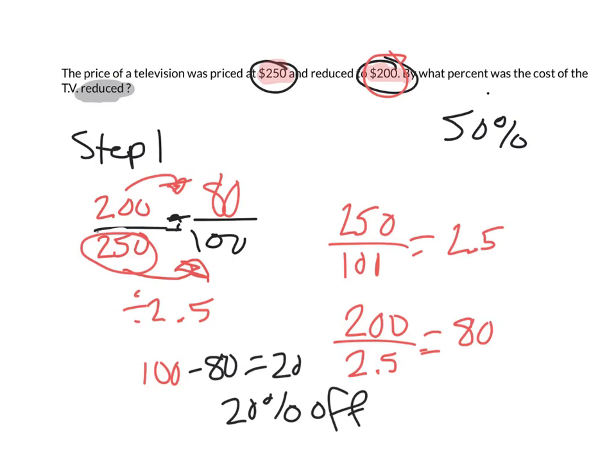So I'm actually going to show you another way to solve the exact same problem. So I'm going to set up my ratio, and we know it was 200 over 250 equals something over 100. Okay, so let's set up a table to help us maybe try to figure out what we could multiply by to get to 100.